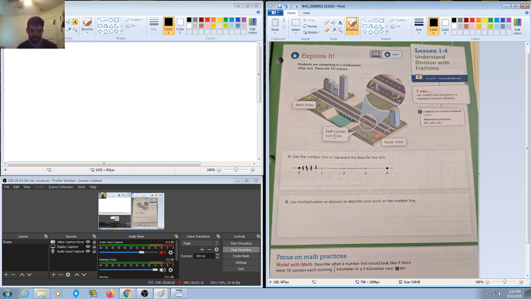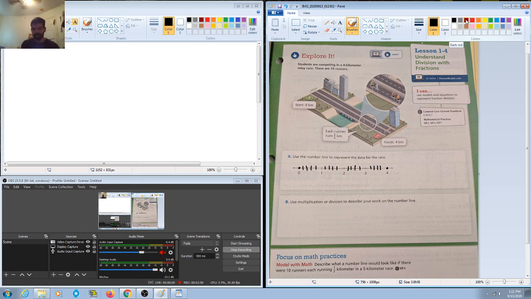So the goal is to separate, or to divide, each kilometer into fifths. Okay. Now the reason that I wanted to do that is now I'm going to use different colors to show you the distance that they each travel.